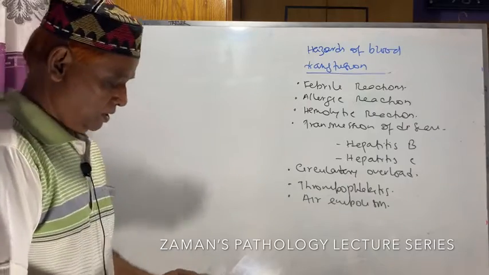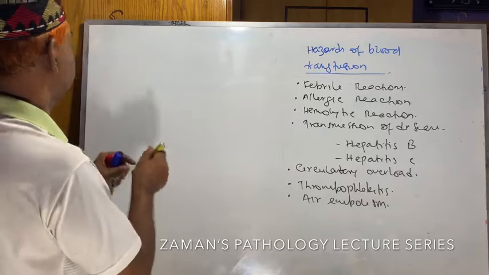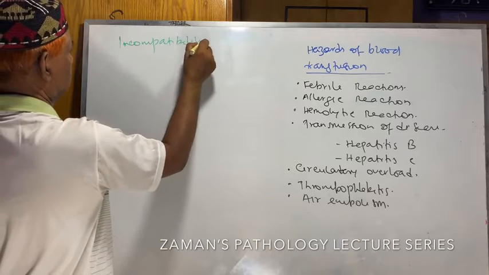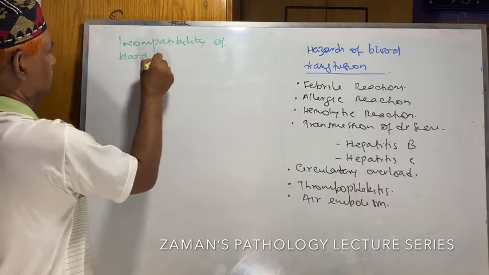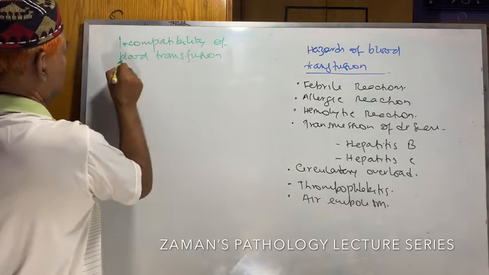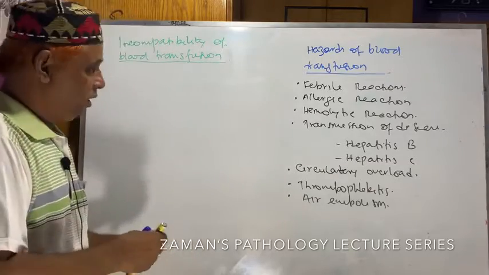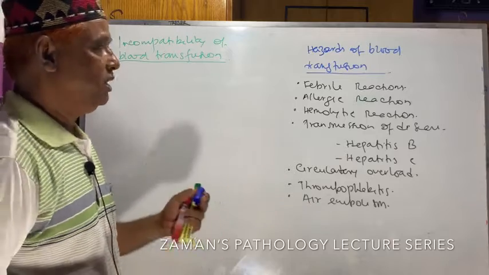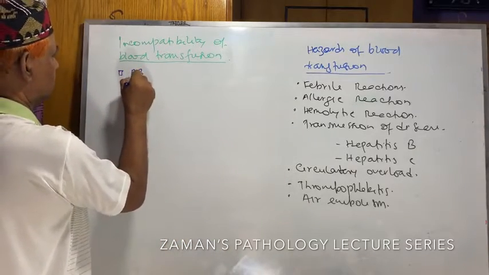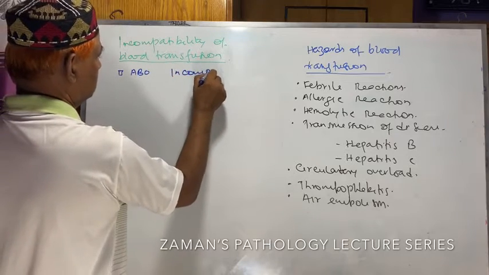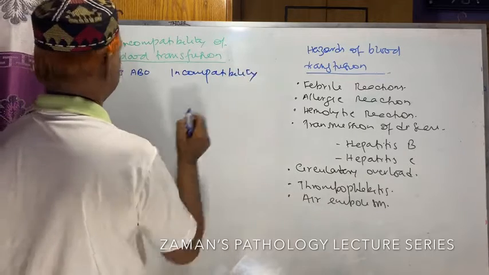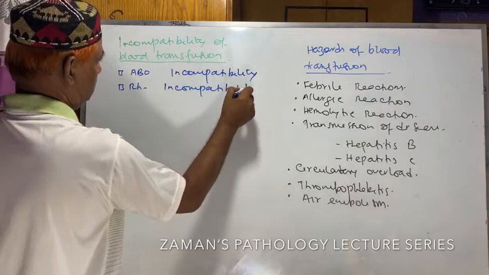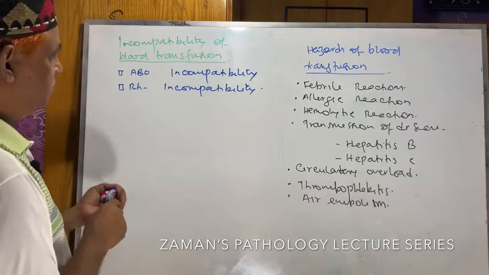Now come to incompatibility of blood transfusion. It is of two types: one is ABO incompatibility and another is RH incompatibility. First come to ABO incompatibility.